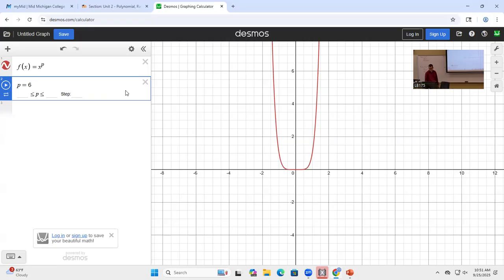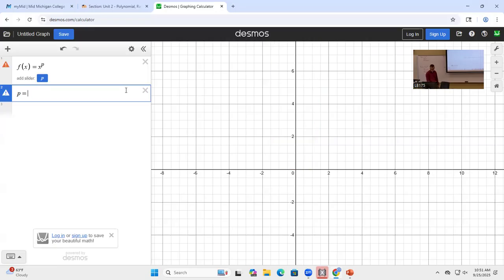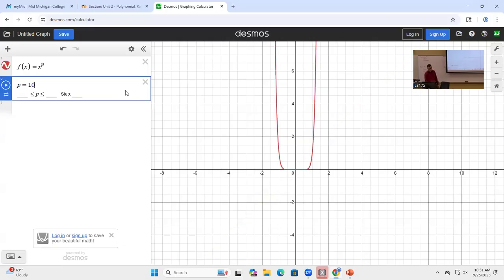Once you get past 1, you grow really fast. 8, 10, et cetera, et cetera. So all of our even powers are giving us those types of shapes. Our odd powers are giving us shooting off towards the bottom left and upper right.